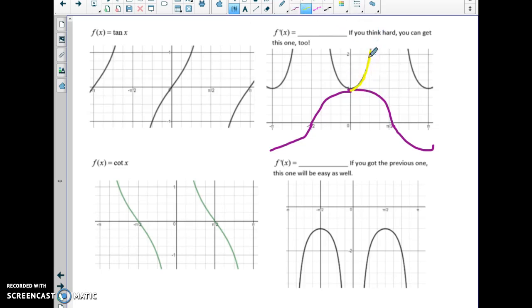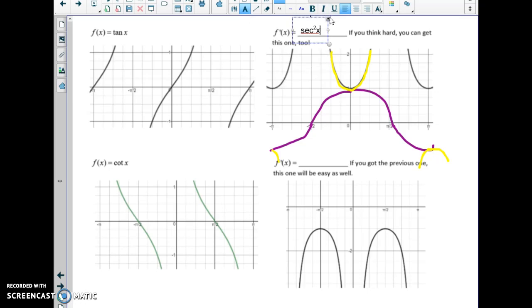So you graph secant at the top and the bottom of your cosine curves. Well, we don't have secant here. What I hope you realize is that this part is the same, but this part became positive. So what we actually have is secant squared of x. So the derivative of tangent is secant squared x.